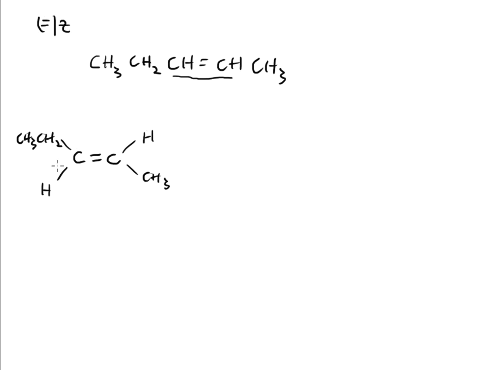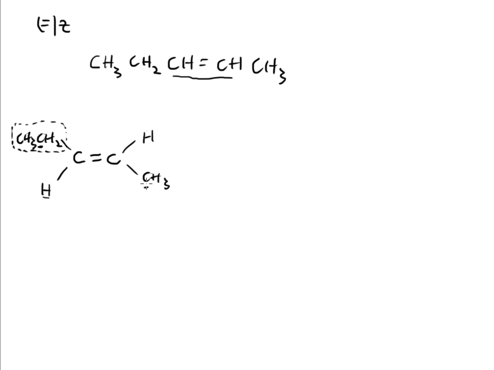So you're going to look at this and you're going to say, hey, over here on the left-hand side, we have a high priority group, and I've got to figure out what that high priority group is. So this is a carbon that's directly attached to that one, and then this is a hydrogen that's directly attached to that carbon. Well, out of these two, carbon has the highest atomic number. So therefore, this would get the highest priority group. Over here on the right-hand side, we see something very similar.